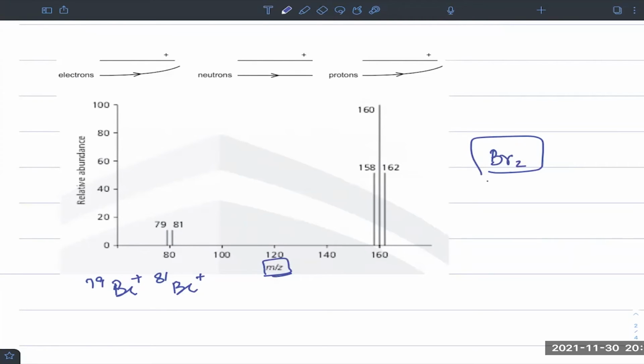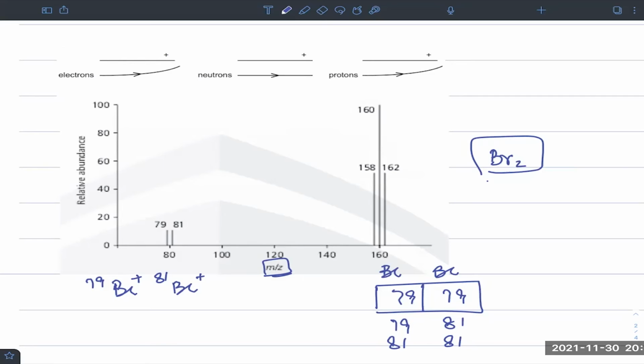Now, how do you get a bromine molecule if you have Br81 and Br79 available? You have two options. Which bromine are you going with? 79. So 79 and 79, or 79 and 81, or 81 and 81. Judging by the height, which isotope is more likely to come? 79, 81.